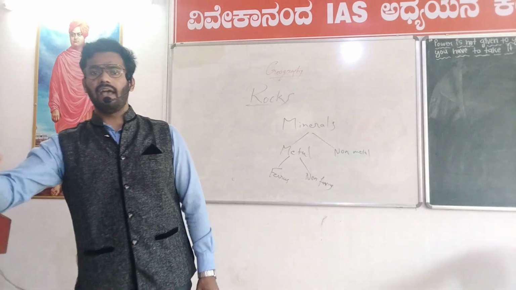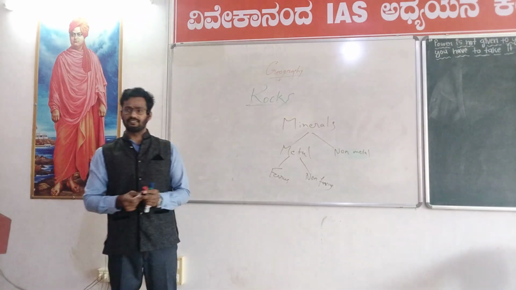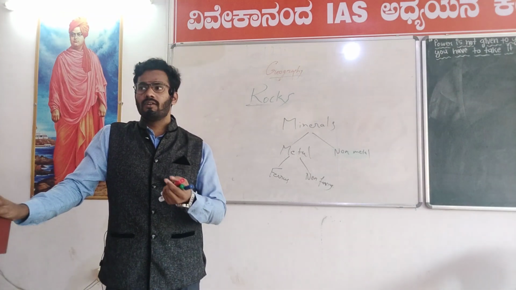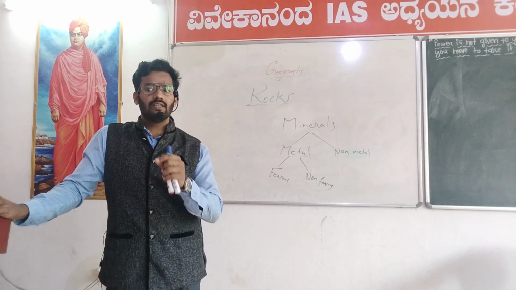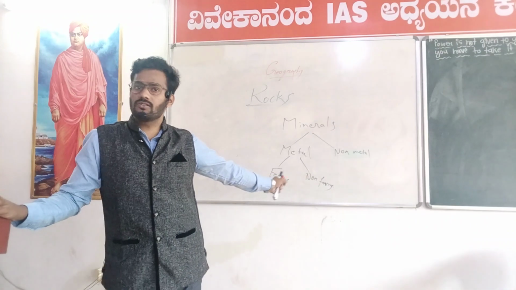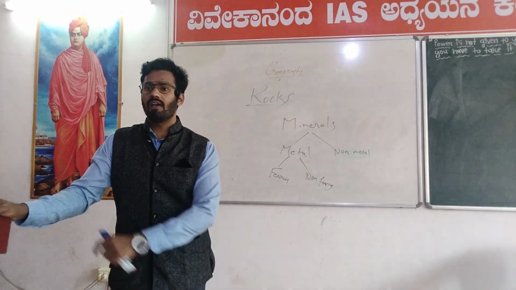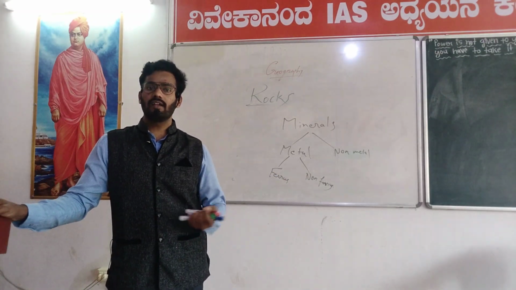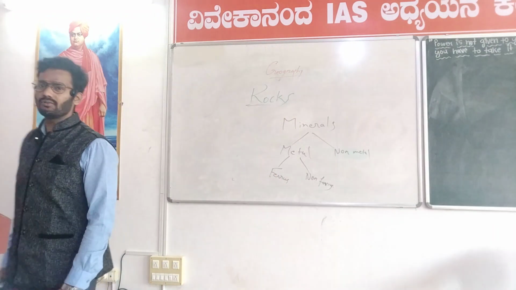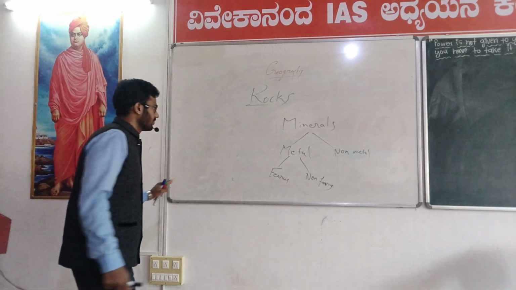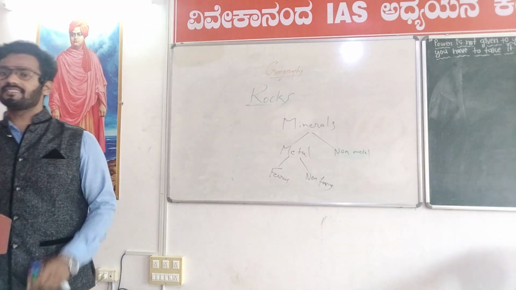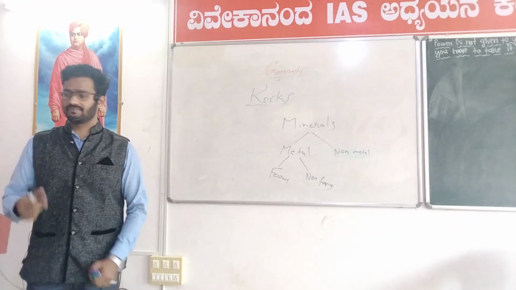Iron is omnipresent, found everywhere in some amount. So ferrous means the metals which contain some amount of iron, and original iron also is ferrous only. Non-ferrous means the metals which don't contain any iron compounds. Only two kinds of metals, ferrous and non-ferrous. So these minerals, when they cluster, they form rocks.